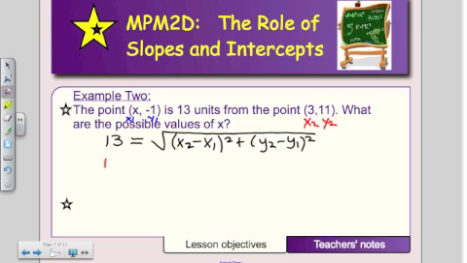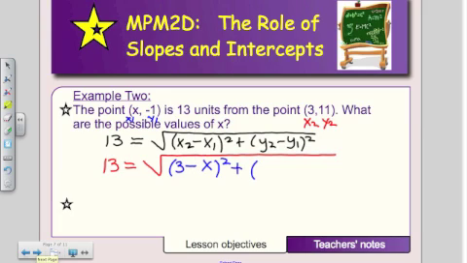So 13 is going to be equal to the square root of (3 minus x) squared plus (11 minus negative 1) squared.